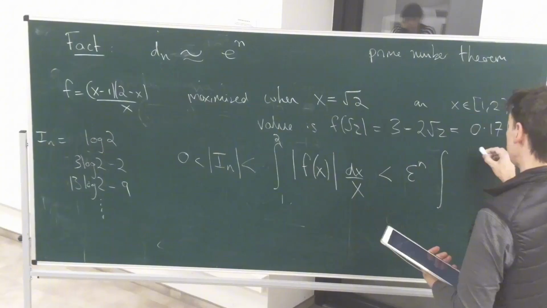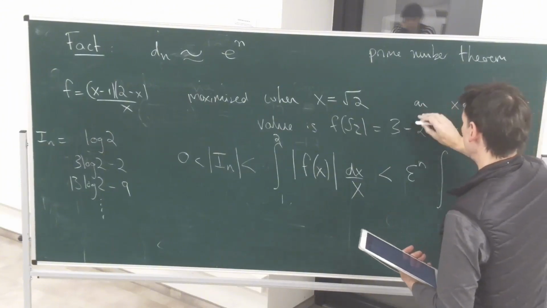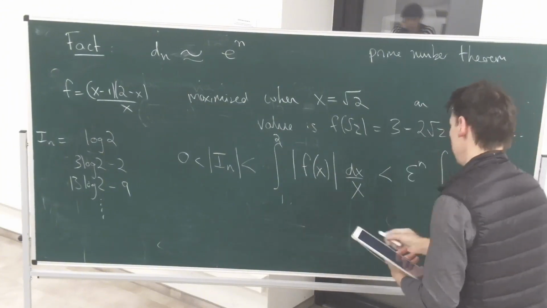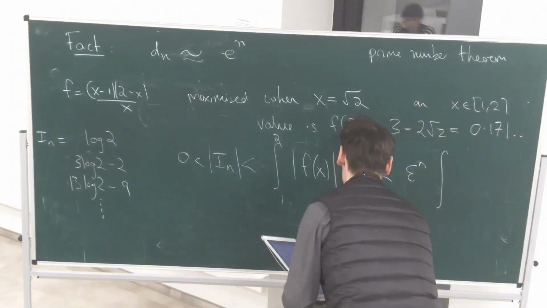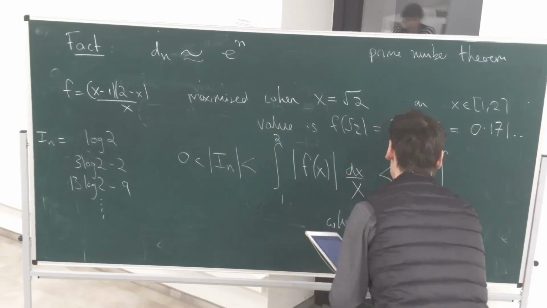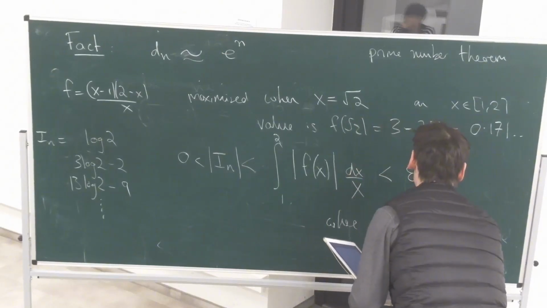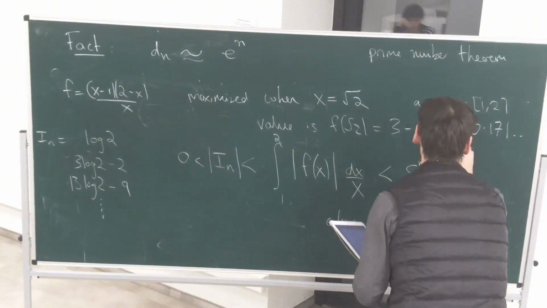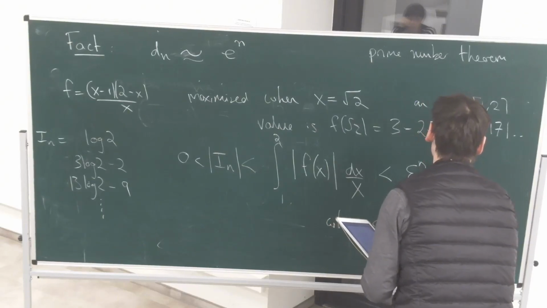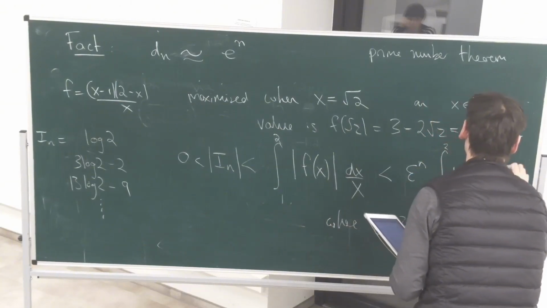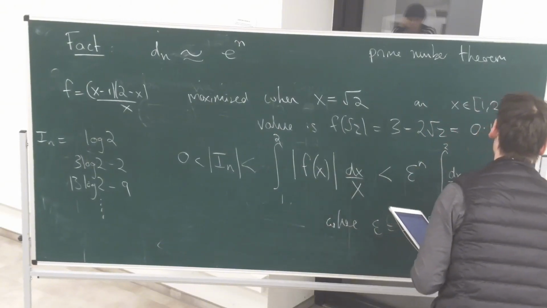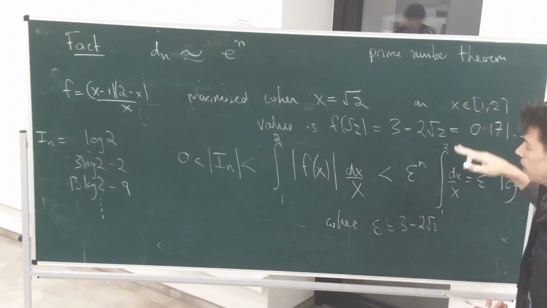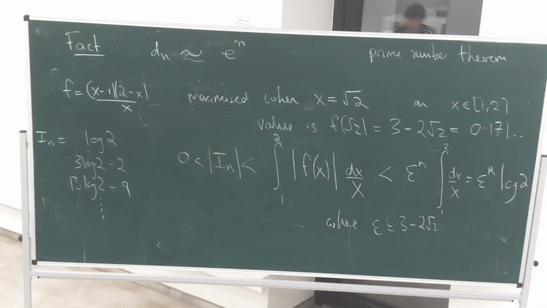So let's call this epsilon, where epsilon is this maximum. So these integrals are getting very small exponentially fast. f of x to the power n.